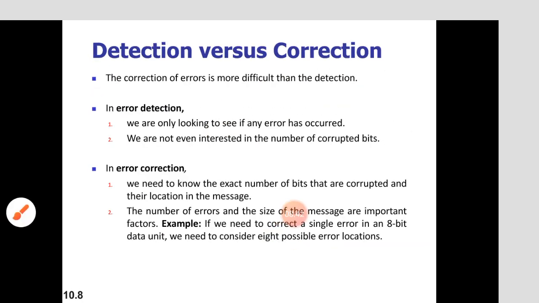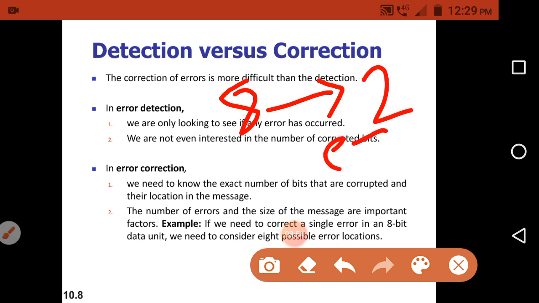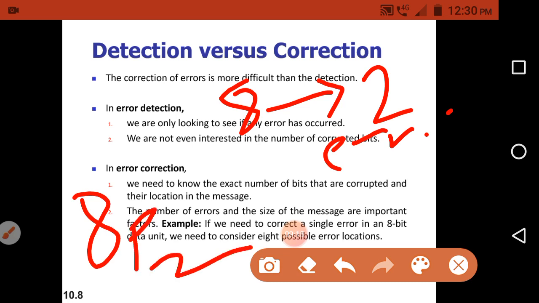But if you want to detect a 2-bit error, which we can call a burst error, how many possible error locations do we need to consider from this 8-bit data? We calculate it by using permutation.